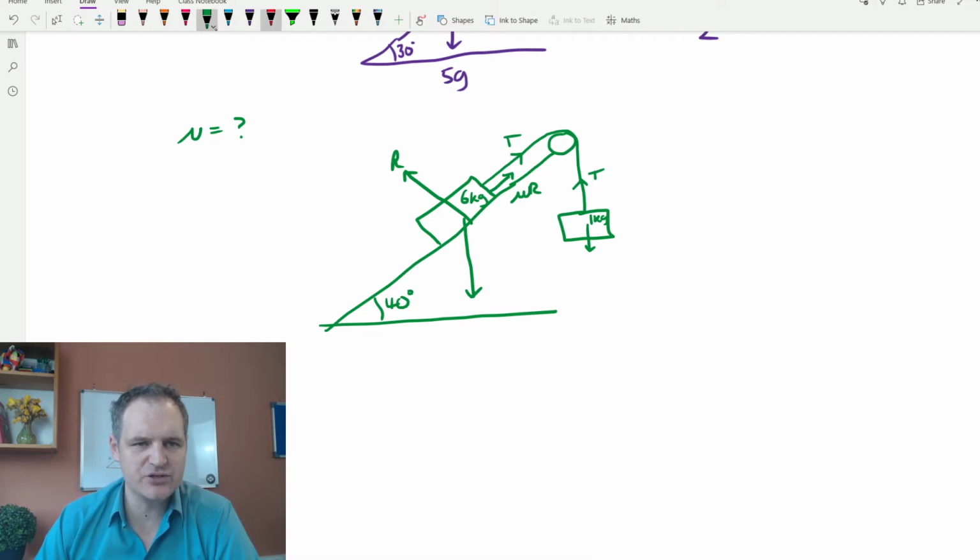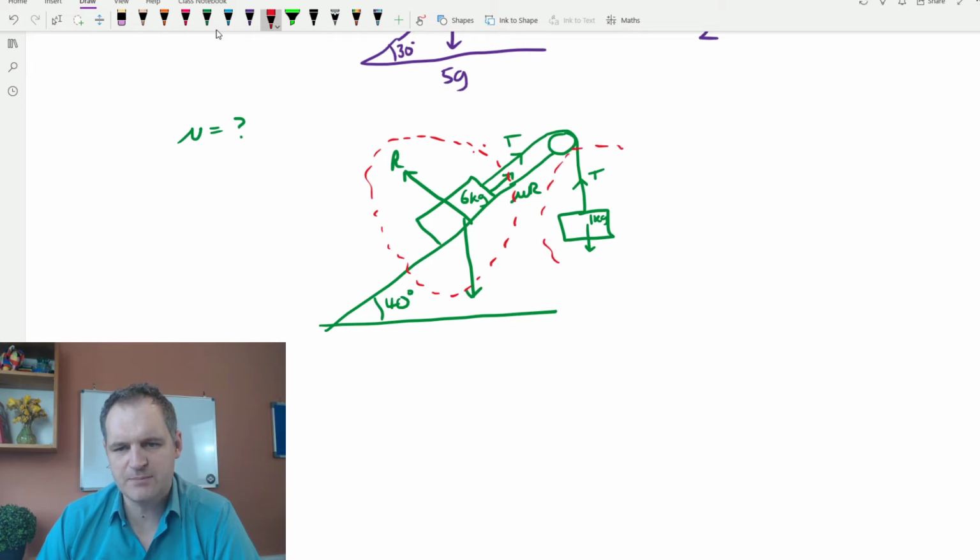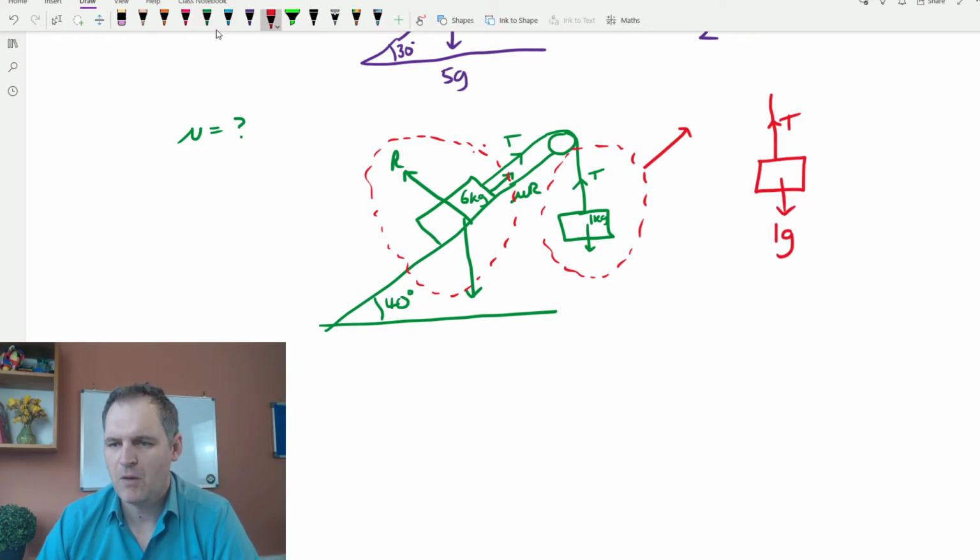As I mentioned before, there are two systems here: this system and this much simpler system. So let's first deal with the much simpler system. We know it's holding, and the only two forces here are 1g and T. If it's holding, we know that T must equal 1g.